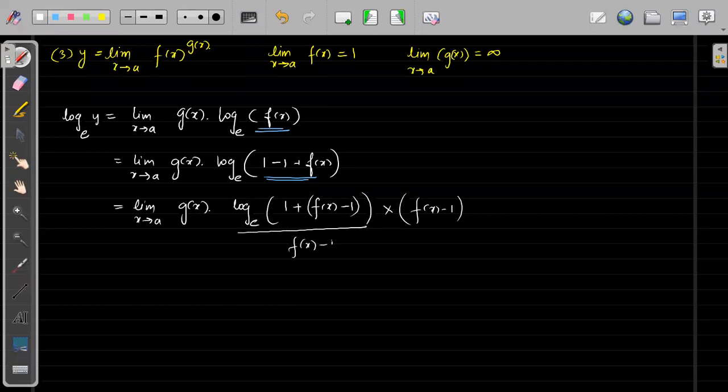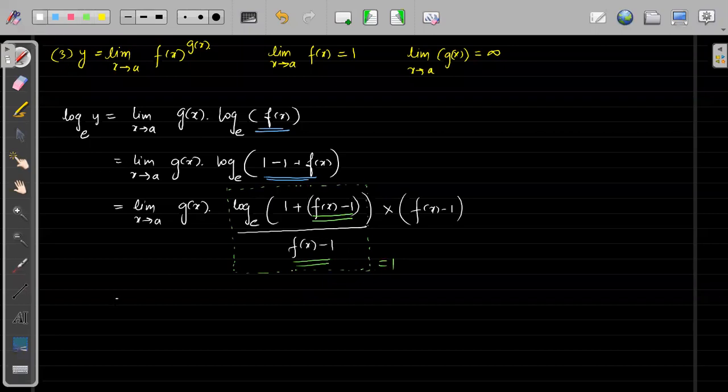As x tends to a, this part tends to 0, so this is a 1 plus 0 form, and this is also the same thing. So this whole part will be tending to 1.